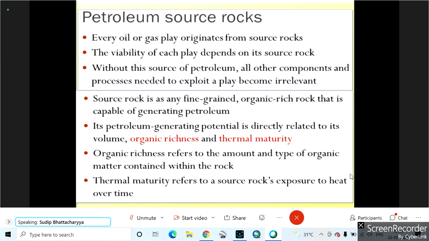Organic rich means whether there are organisms associated with the sediments, and whether those organisms are enough for giving organic richness to that particular rock, and what is their thermal maturity. A very important term is coming over here: thermal maturity.